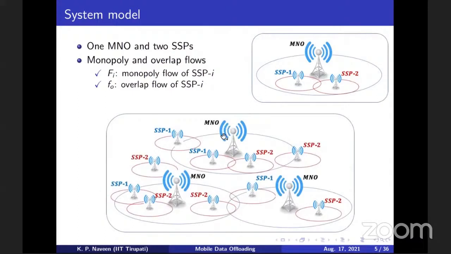It can be, actually. The only thing is that I'm assuming all these MNOs are owned by a single operator. So the way you explained, having multiple SSPs will not alter the problem. Yes. But having more than one MNO, will that change the problem?